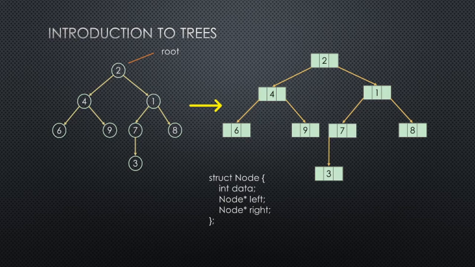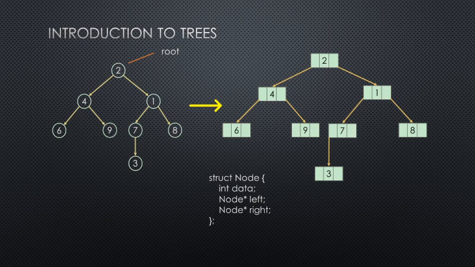One to store the address of the left subtree, and one to store the address of the right subtree. We only have 2 pointers because we can only have at most 2 children per node. This particular definition can only be used for a binary tree. For generic trees that have any number of children, we use some other structure.